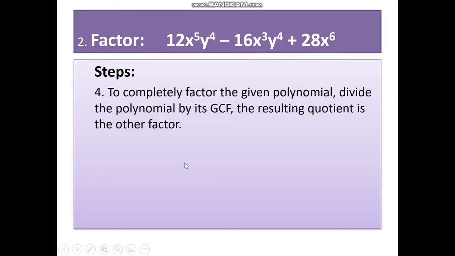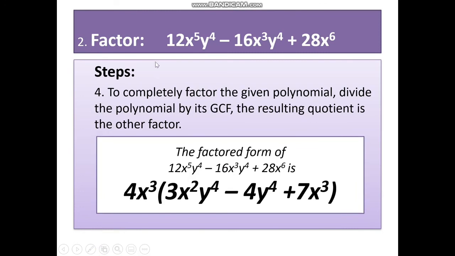The resulting quotient is the other factor. Let's divide this by the GCF, 4x cubed. So this is now the result and our factored form. The factored form of 12x to the 5th y to the 4th minus 16x cubed y to the 4th plus 28x to the 6th is 4x cubed quantity 3x squared y to the 4th minus 4y to the 4th plus 7x cubed.